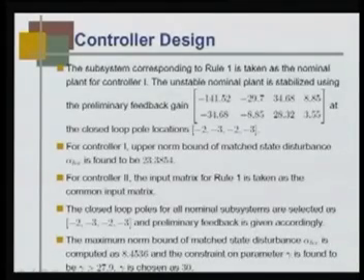For controller 2, the input matrix for rule 1 is taken as the common input matrix. The closed loop poles for all nominal subsystems are selected as minus 2, minus 3, minus 2, minus 3, and the preliminary feedback is given accordingly. The maximum norm bound of the mesh state disturbance alpha Hx is computed as 8.44536 for controller 2, and the constraint on parameter gamma is found to be greater than 27.9, and gamma is selected as 30.